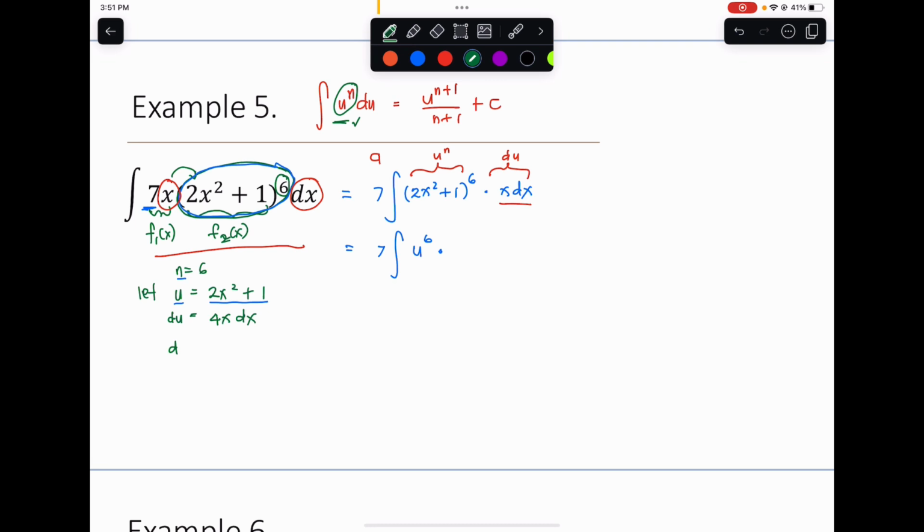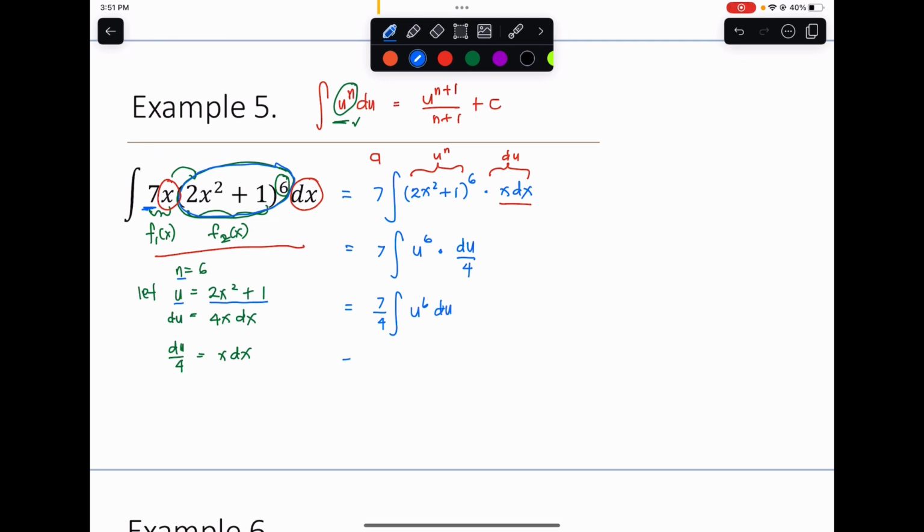So I need du over 4 to make it equal to x dx. Since 1/4 is a constant, I can move it out, so we have 7 over 4, the integral of u raised to 6 du.